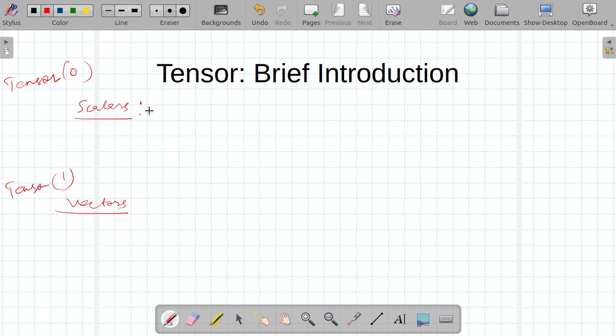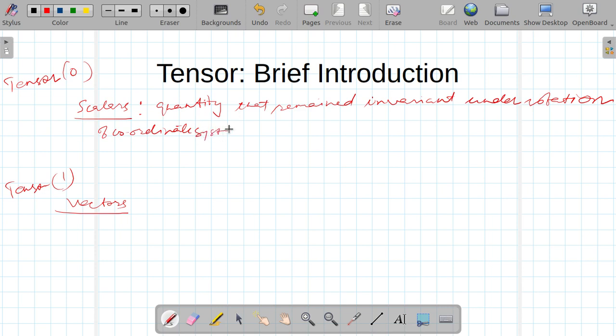What are scalars? A physical quantity is said to be scalar if that quantity remains invariant under rotation of coordinate system and can be specified by a real number, and these quantities have only magnitude.